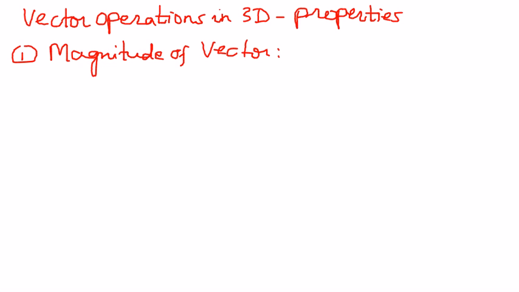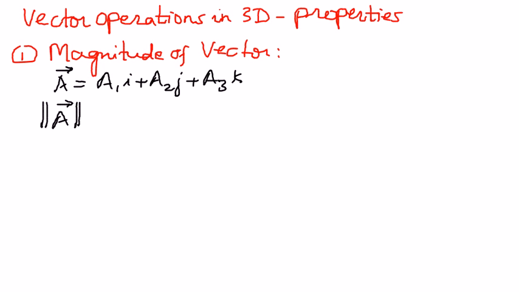If A is a vector, and if the components of this vector are a1i plus a2j plus a3k, the magnitude is given as, we're going to draw 2 lines on either side that way, and then we're going to take the magnitudes and raise them to the power under the radical sign: the square root of a1 squared plus a2 squared plus a3 squared. Okay, so that is the way we can find the magnitude.